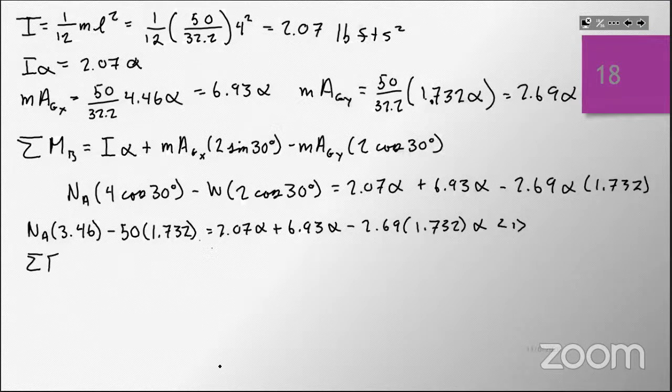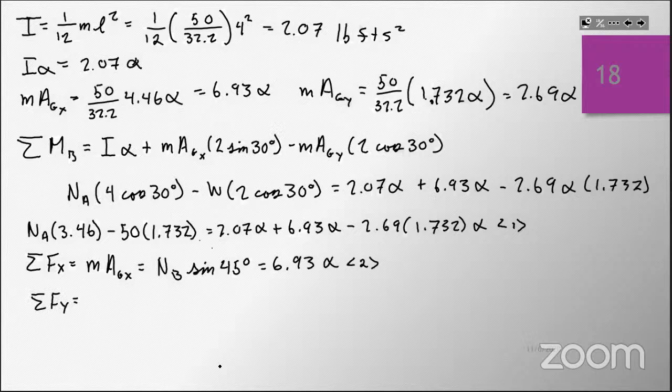Let's start by summing the forces in the x direction, right? And that's going to be equal to the mass times the acceleration of the center of gravity in the x. Well, there's only one x direction force: NB sine 45 degrees, which is equal to 6.93 alpha. That's equation 2.